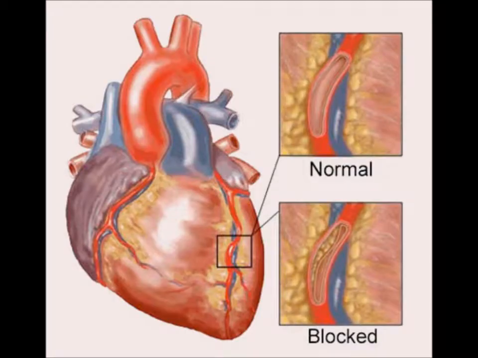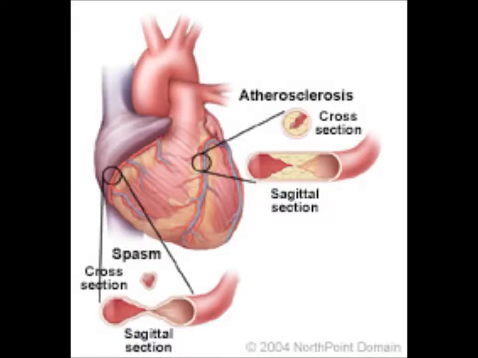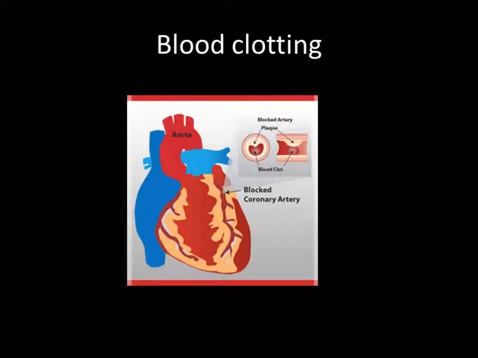Such blockage can destroy cardiac muscle quickly, since the constantly beating heart muscle cannot survive long without oxygen. A stroke is death of nervous tissue in the brain, usually resulting from blockage of arteries in the head. Heart attacks and strokes frequently result from a thrombus, or blood clot, that clogs an artery.